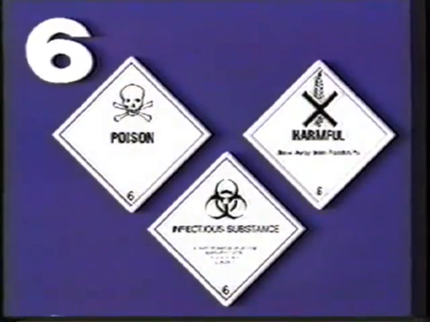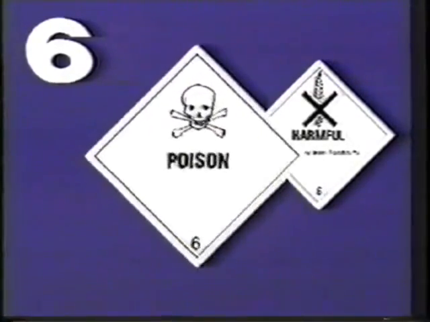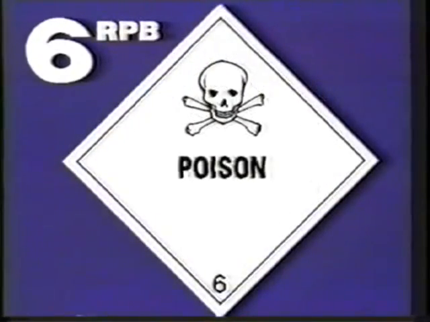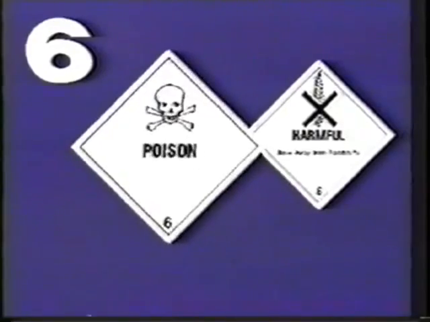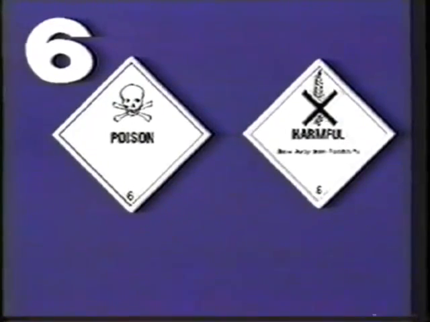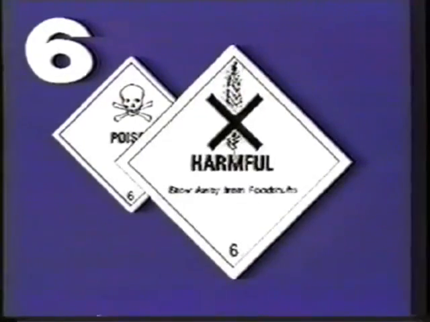The dangerous goods in Class 6 are divided into two subclasses: poisons and infectious substances. The label for subclass 6.1 indicates danger. Very poisonous substances carry this label. Less poisonous substances have this label.